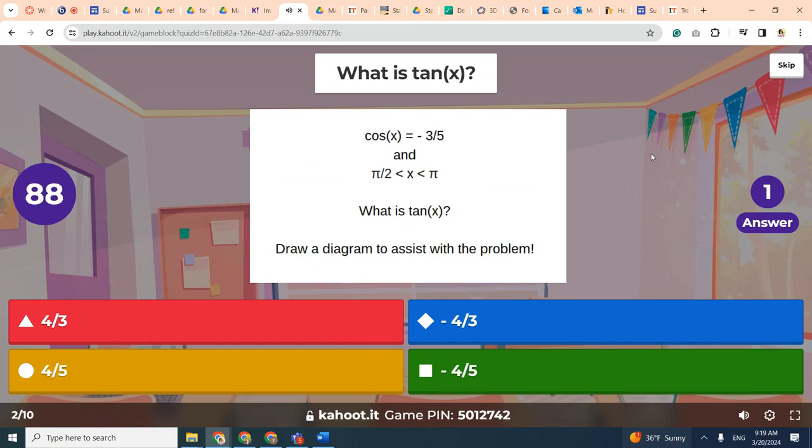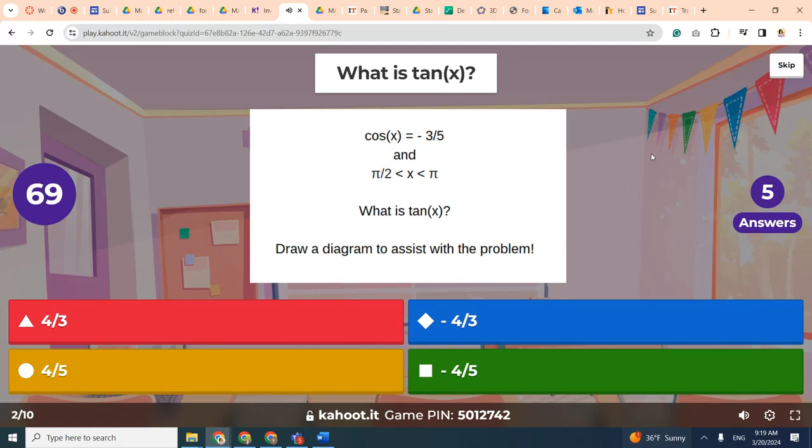This problem might be longer. Do you still remember from exam one, you have your cosine in terms of x, y, r, and then you let the x or the y or the r be something.